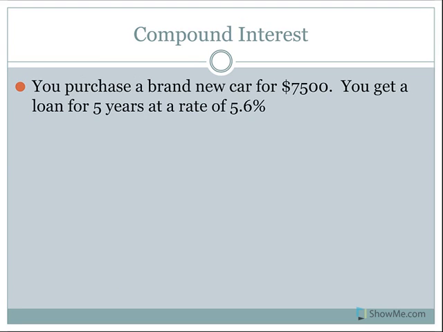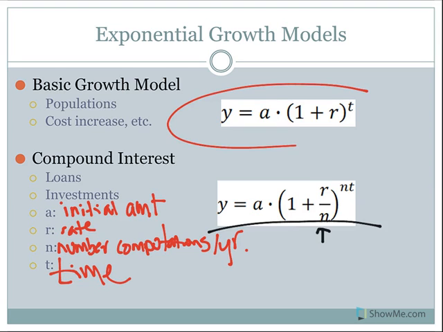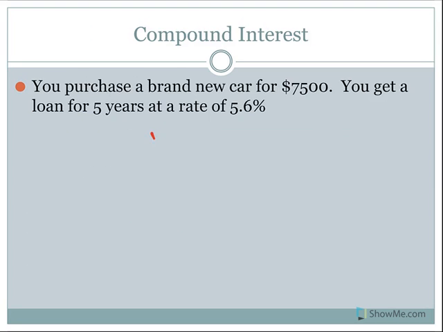So first one here, it says you purchase a brand new car for $7,500. You get a loan for 5 years at 5.6%. This doesn't say anything about how often it's compounded, so we can use our basic equation, which is this one here, right? So we have y equals a times 1 plus r to the t power.